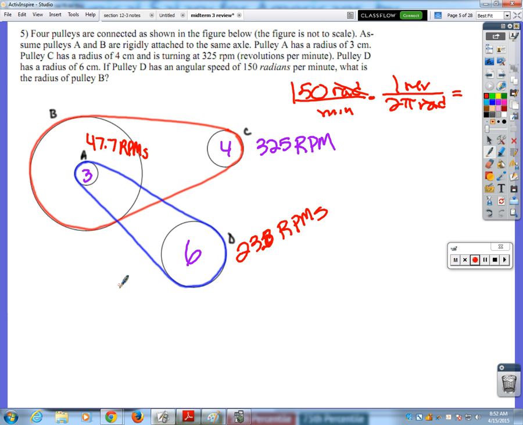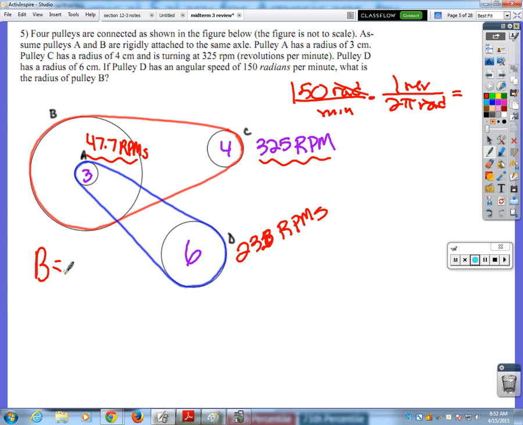And if this is turning at 47.7 RPM, how many times faster is this than this? Yeah, divide 325 by 47.8. 6 times? 7 times faster? 6.8? Okay, so that means this radius has to be how many times bigger than this one? 7 by 6.8 or whatever, so the radius of B is what?